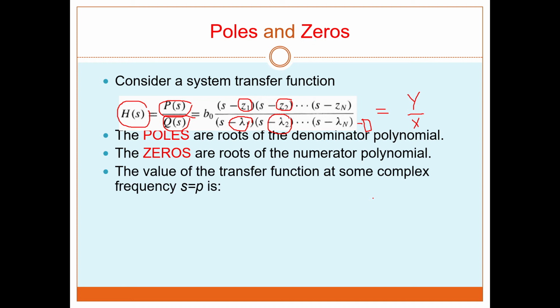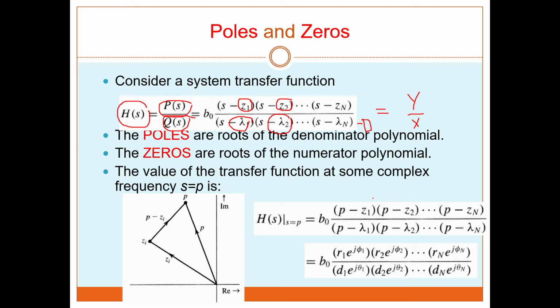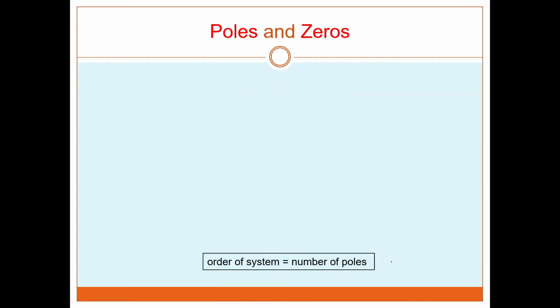Okay, the value of the transfer function at some complex frequency is s equal to p. So it can also be identified as p, where this is the complex frequency. Some location is here. We have the real part and the imaginary part, and it can also be identified as the exponential e^(jφ). So for example, at this point, we have to identify the angle here, φ, and the equation is in exponential form.